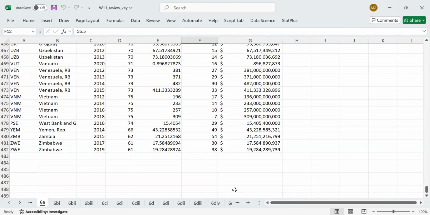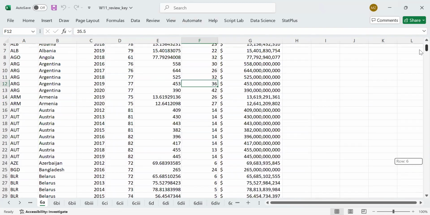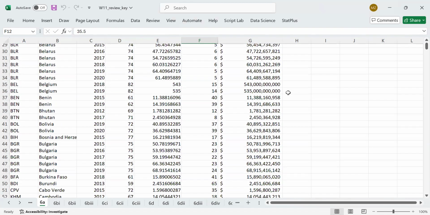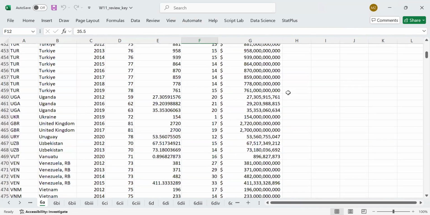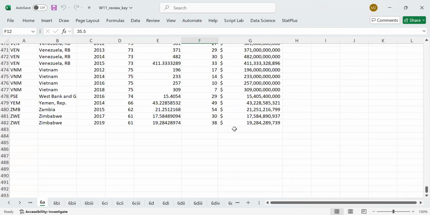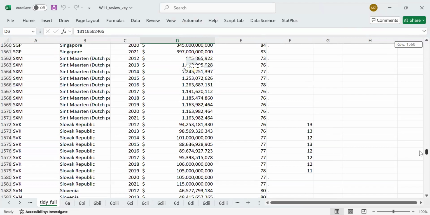Wait, is the question and the key sheet different? Yeah, the key sheet and the regular 11 sheet are different. They have different values for poverty. Okay, wait. That's the problem.